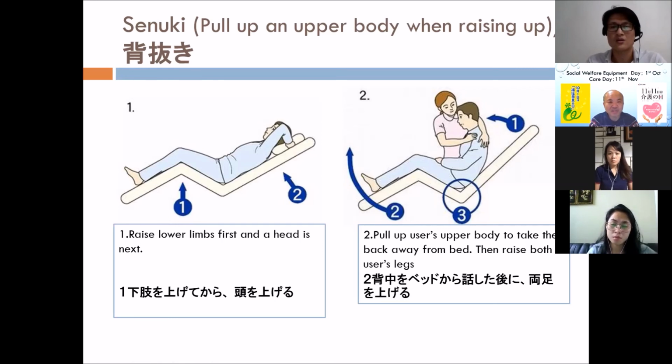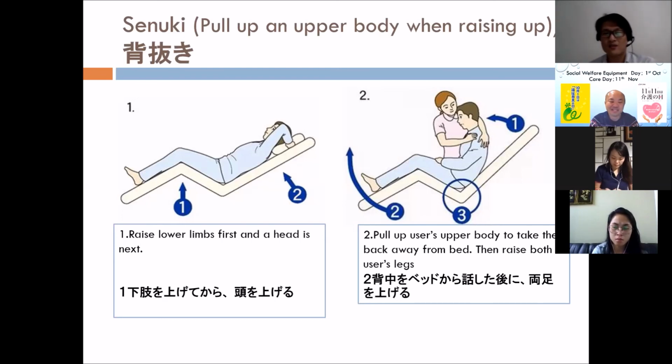But I think most care workers do not know the importance of senuki. They don't learn it at the lecture when they get the social care worker license. Oh my gosh. That's why the elderly do not want to sleep on the bed, because they don't have senuki.